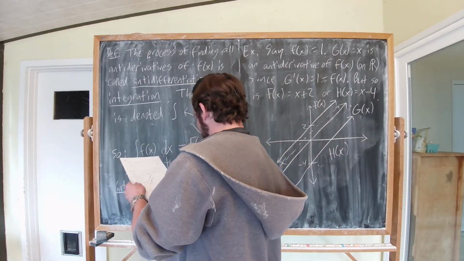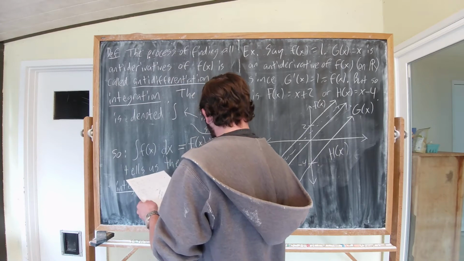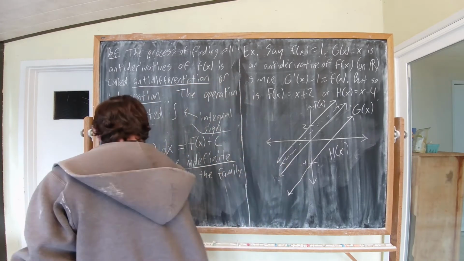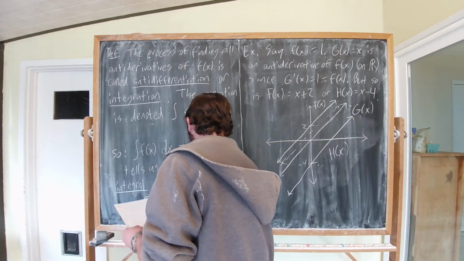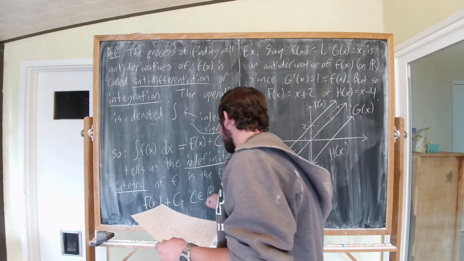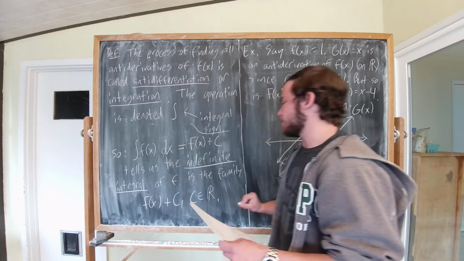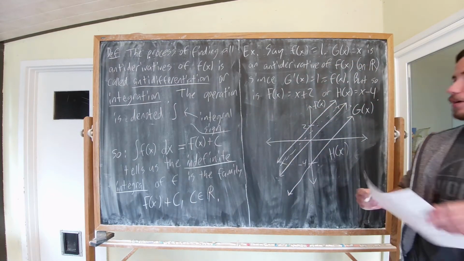And it'll be the family capital F of x plus c, where c is just some arbitrary real number or complex number.